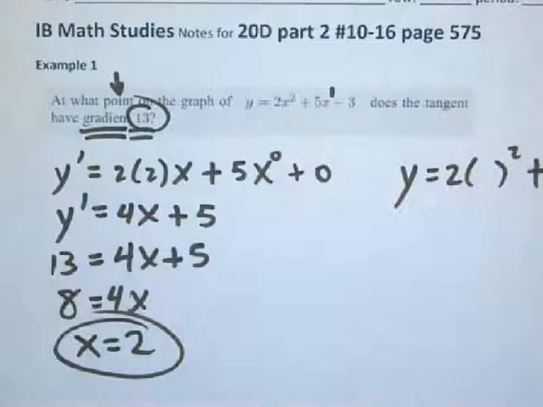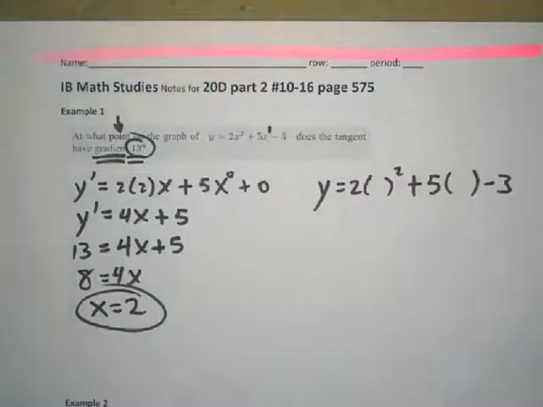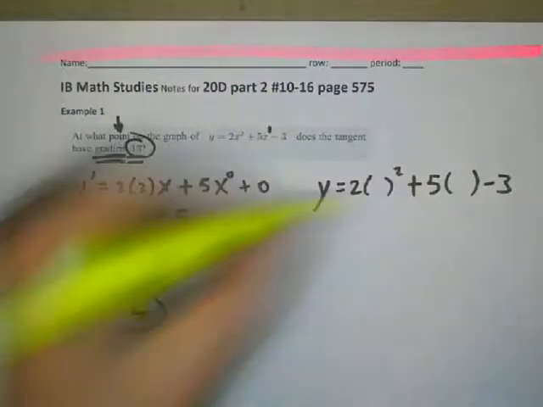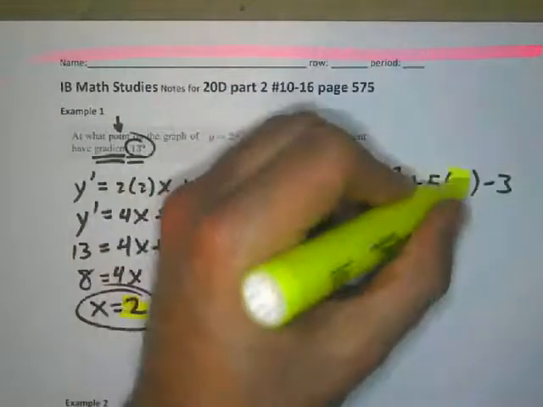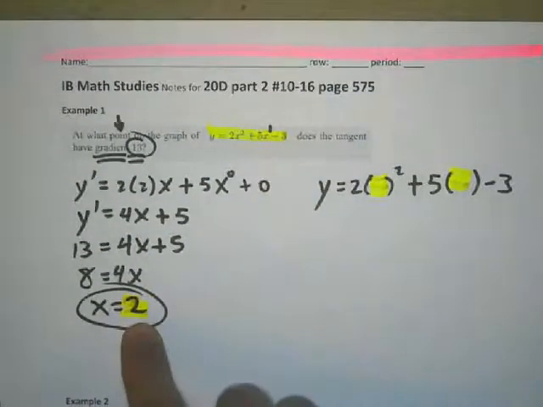So what I'm going to do is take this value, the 2, and plug it in place of x in the original function, and that's going to help us solve for y.